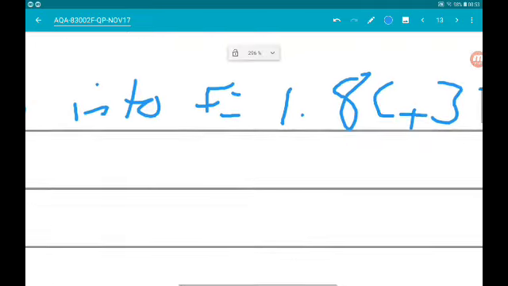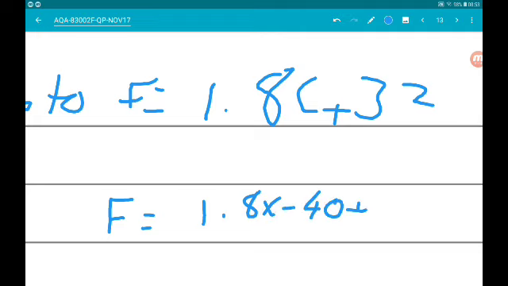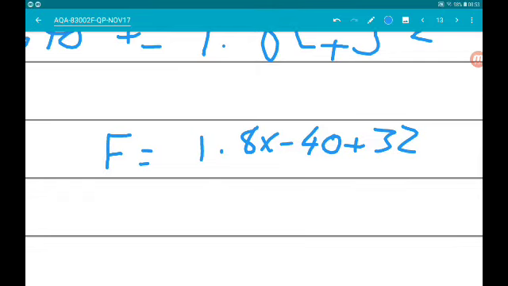So that's going to give us F is 1.8 times minus 40 add 32. Now 1.8 times minus 40 is minus 72.